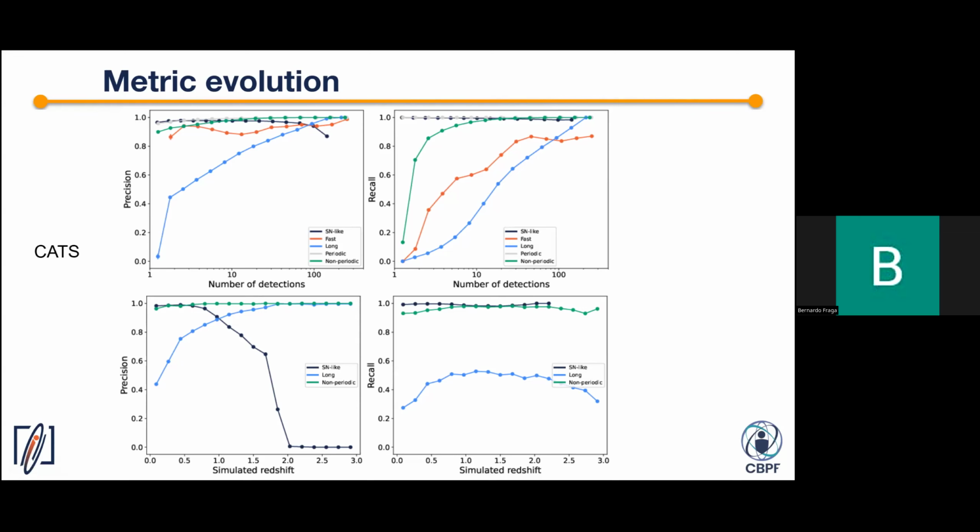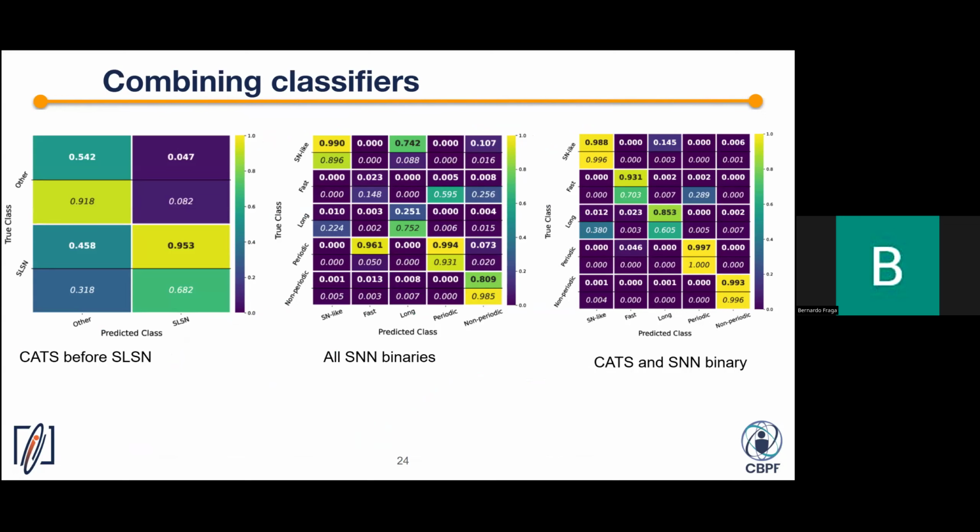Finally, what I want to mention is we have, well, not actually four, but nine different classifiers. Can we combine them somehow to improve our results? Well, yes. One thing we can do is use the broad classifiers as a first step before giving the results of the broad classifier to the more specific binary classifiers. So one example for this is to use CATS before the superluminous supernova one.